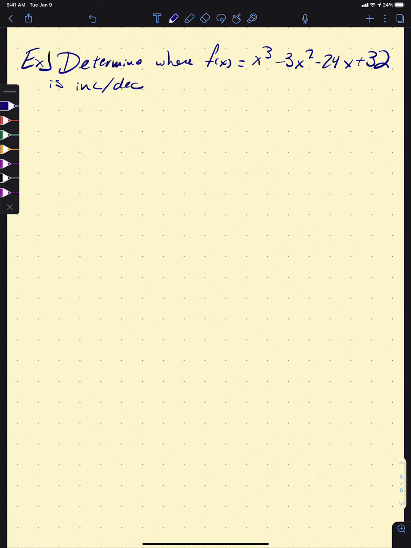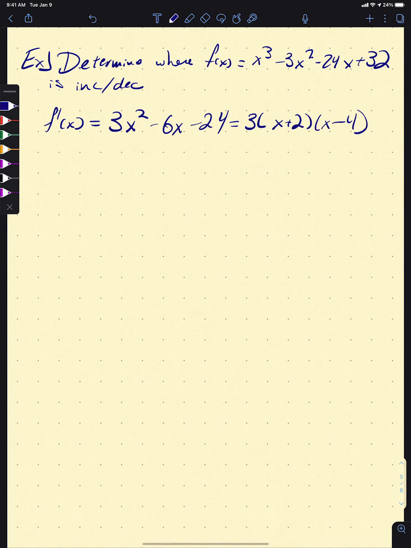And so we're looking for where it's increasing or decreasing, we should consider its derivative, which is what? It's going to be 3x squared minus 6x minus 24, right? You can factor a 3 out of that, and you're going to be left with x squared minus 2x minus 8. And that's then going to factor into x plus 2 and x minus 4, okay?